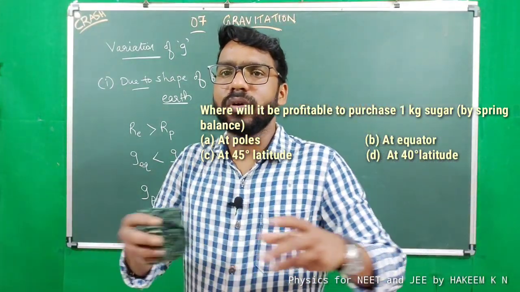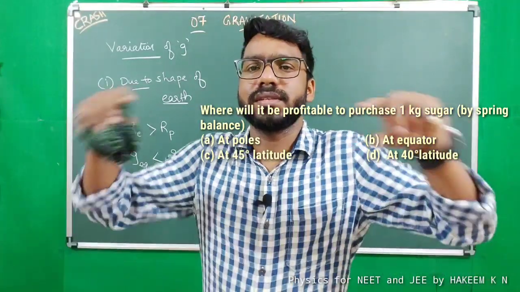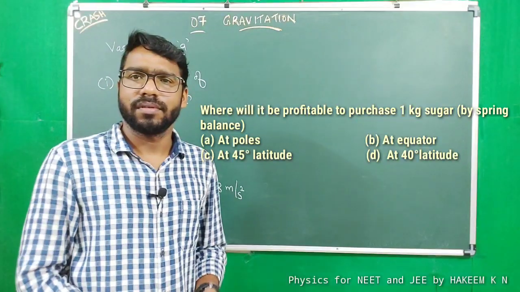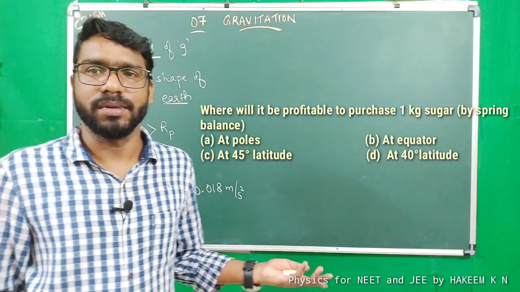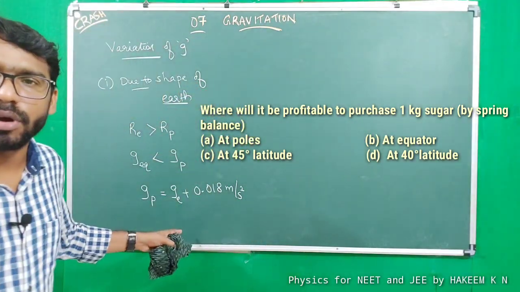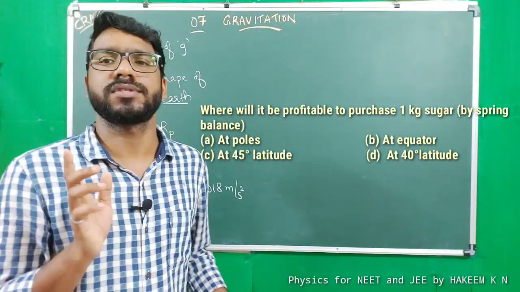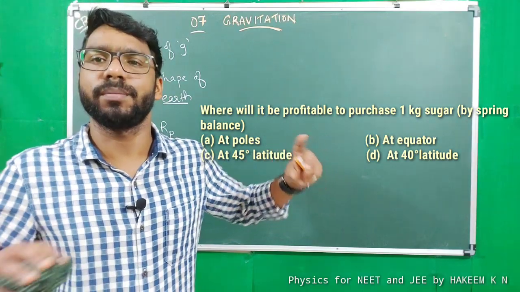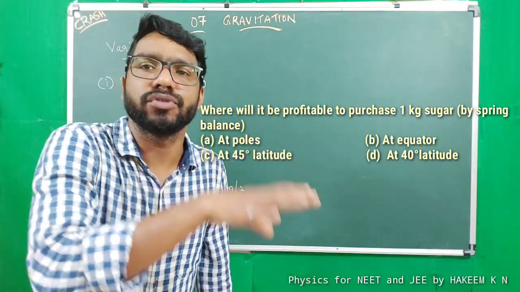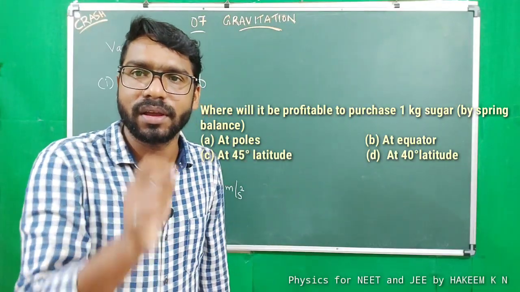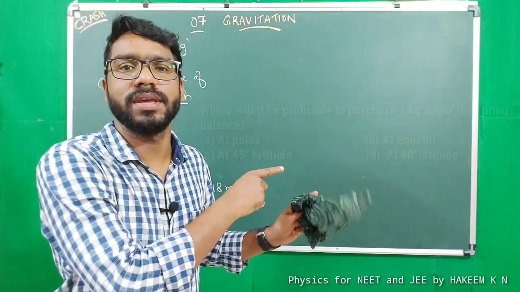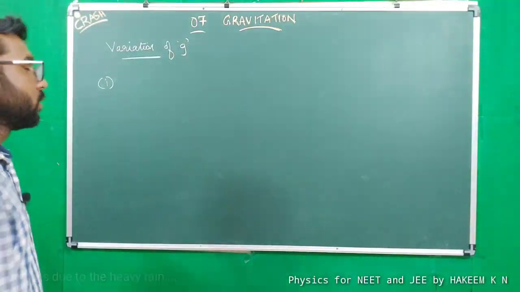That means where the quantity of sugar is large. The answer is option B, because at the equator weight is smaller than at poles, so its volume will be large. So you will get a larger volume of 1 kilogram of sugar at the equator than at the poles. Option B is the right answer.